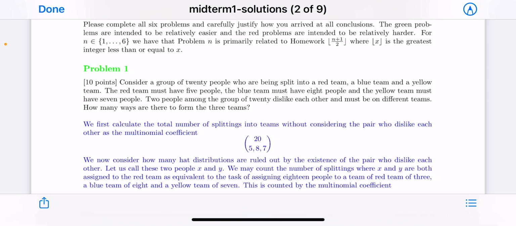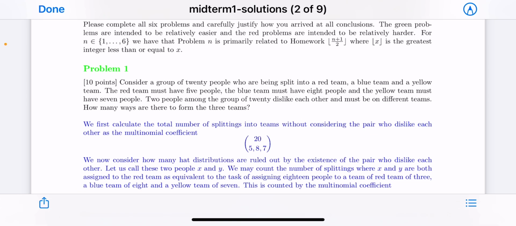Instead, it should say we consider how many teams are ruled out by the existence of the pair who dislike each other. We'll call the two people X and Y, and count the splittings ruled out by figuring out how many teams have them both red, both blue, and both yellow. And then we're going to exclude these.